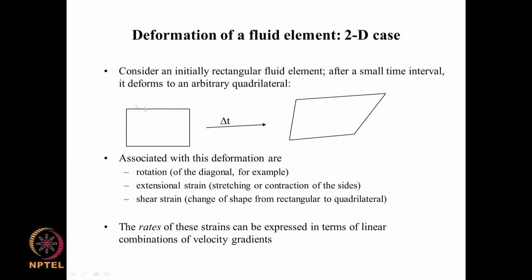in this picture here we are looking at a rectangular fluid element, and this rectangular element actually denotes 4 particles here, and over a short time the particles have moved, and if you join them by lines you get a shape which is not the same as the first case. Okay.